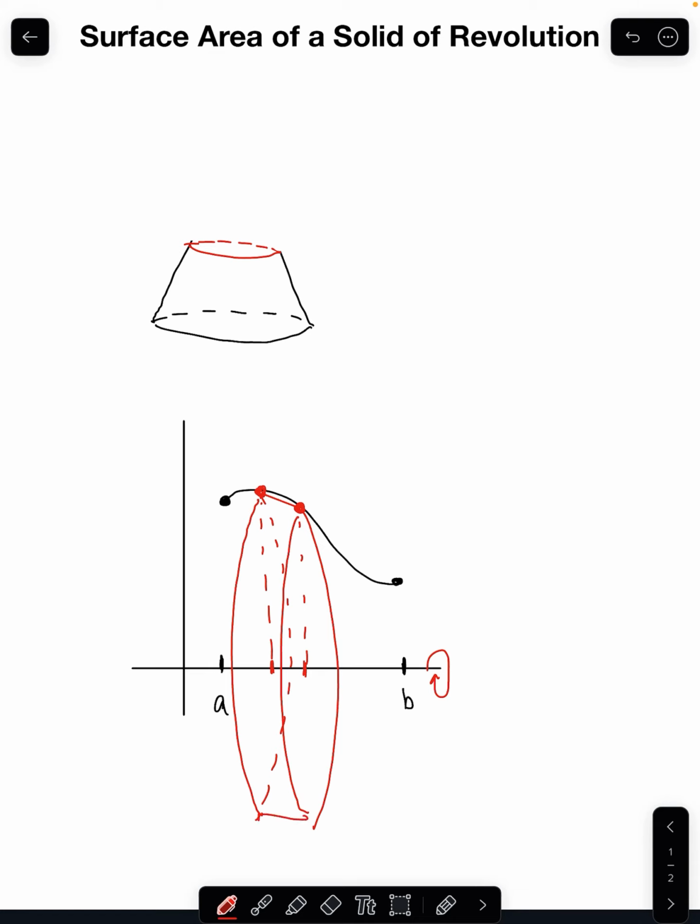And this outer edge of this would form what is very similar to a disc. But if all we're interested in is the surface area, then what we're interested in is the outer edge. Just the outer edge, not everything that's filling in the middle, just the outer edge of this.